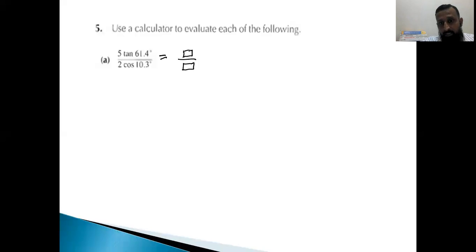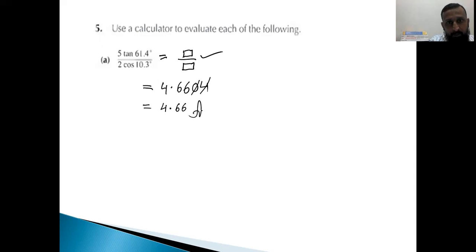Then I move my cursor in the denominator box. 2 cos bracket opens 10.3 bracket closed. Now I press equal sign. By using this function, my answer is found to be 4.6604. I need to give my answer correct to three significant figures. I'll round this off, so my final answer is found to be 4.66.